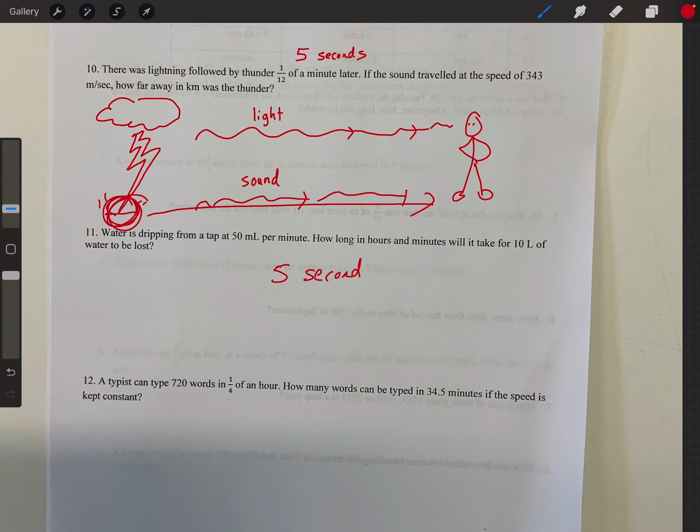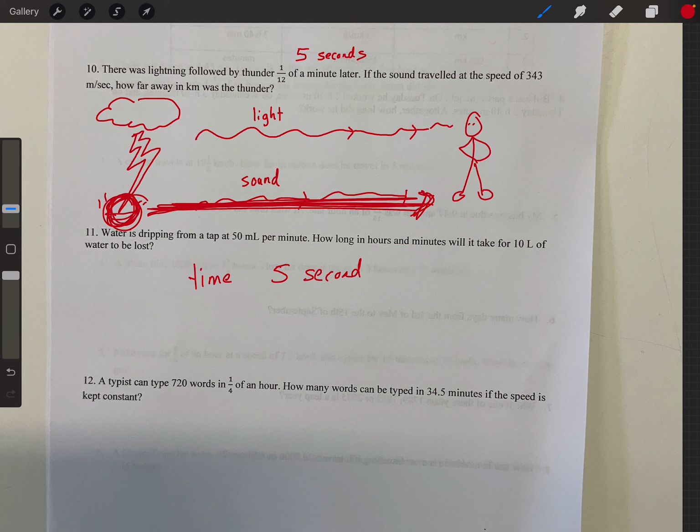The light that you see is almost instantaneous. The moment you see the lightning hit, it's like you see the light straight away. So the sound is a little bit slower, so that means that the time it took for the sound to travel from the point of impact to your ears is 5 seconds. So the time is 5 seconds.